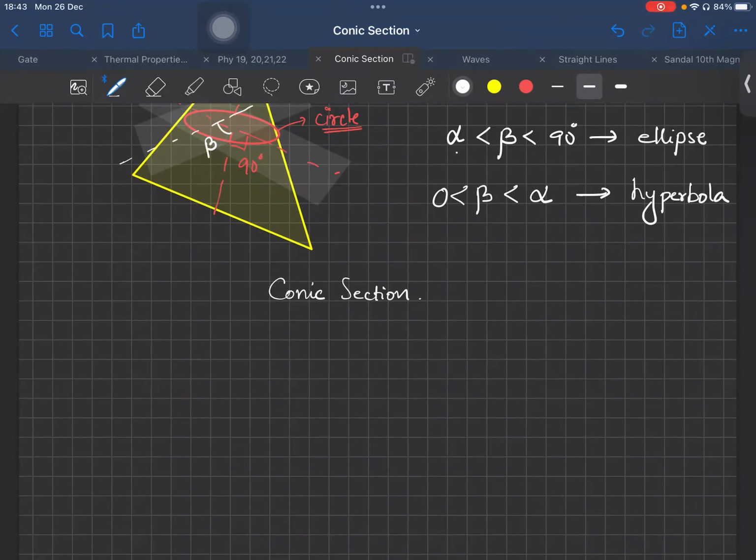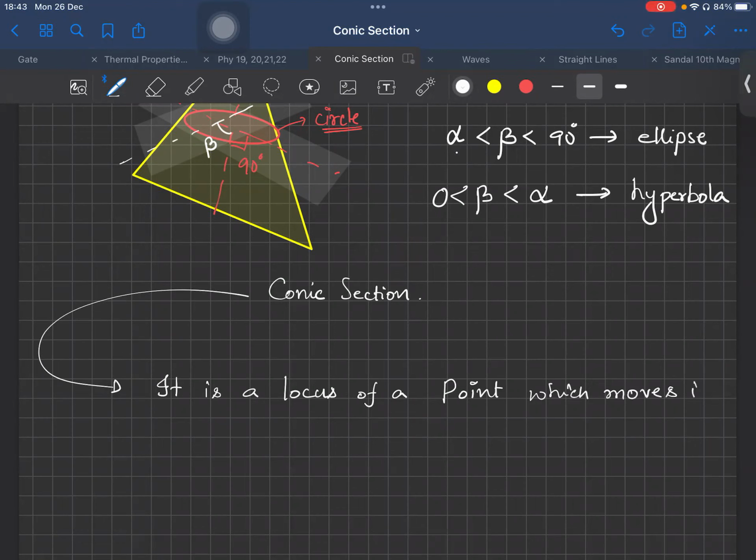Let me write the definition. It is a locus of a point which moves in a plane.